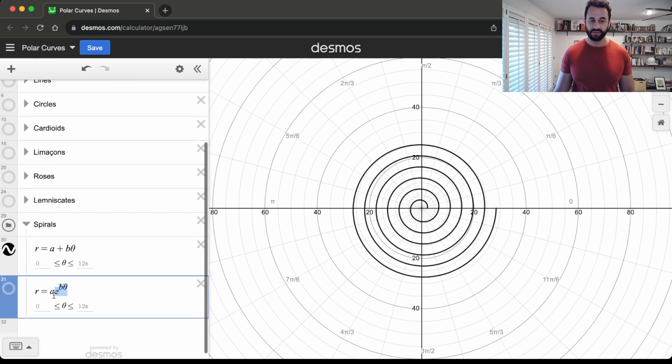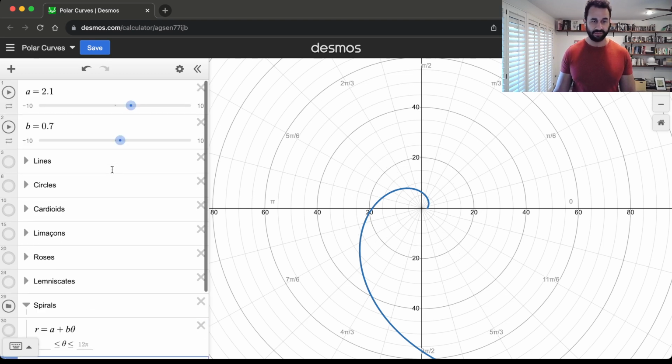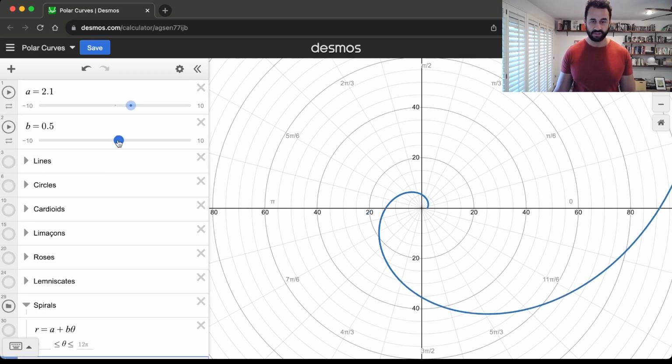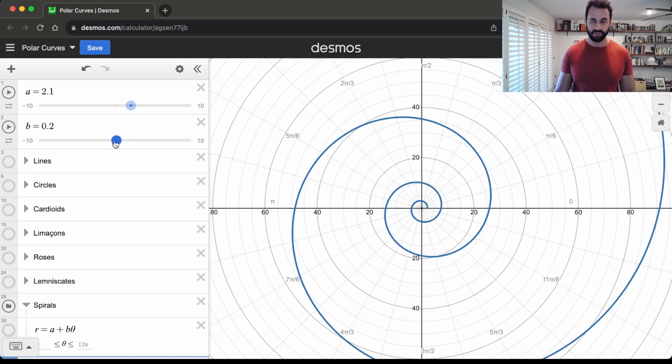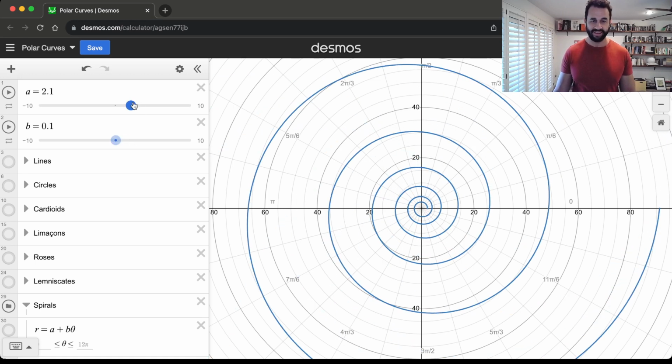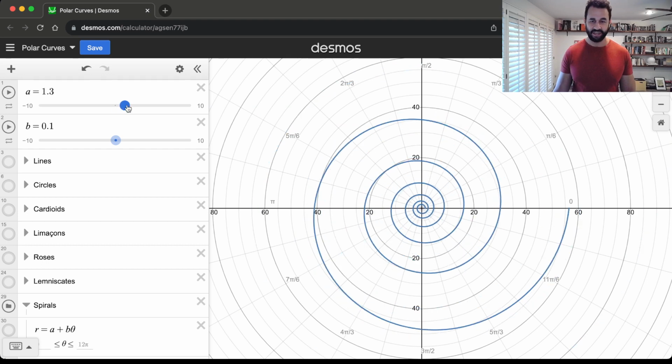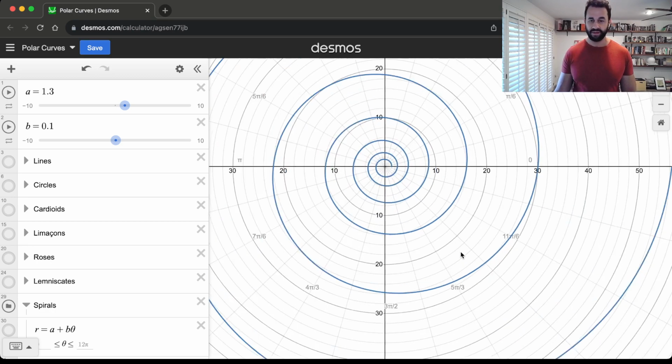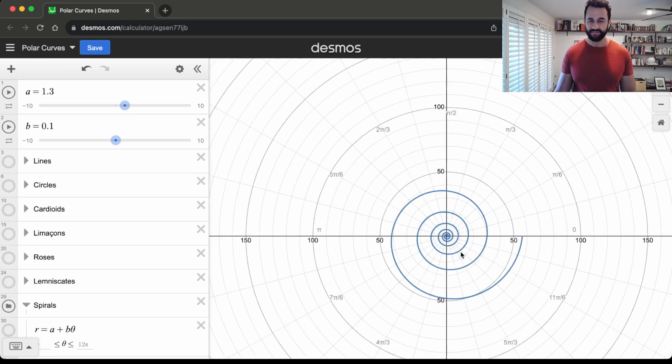Now compare this to this version of a spiral. This is a logarithmic spiral. Let me change things a little bit here. Let's bring b a little bit smaller, and change a a tiny bit. With this logarithmic spiral, you can see that the loops are getting farther and farther apart as the angle increases.